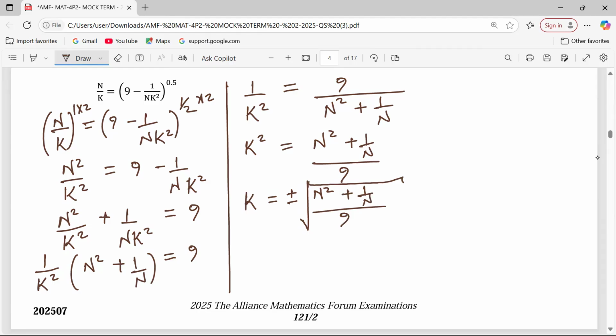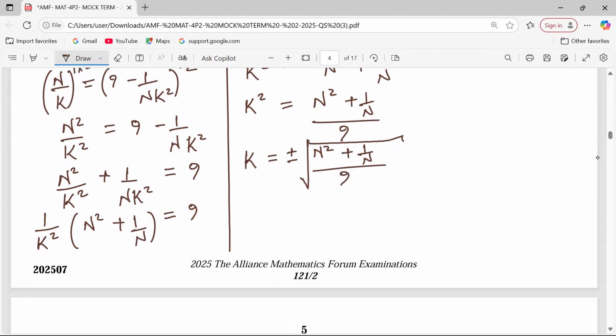But remember, on the denominator, the value of root 9 is known. So k equals plus or minus the square root of n squared plus 1 over n, everything divided by 3. Everything over 3. Because the square root of 9 is already known.